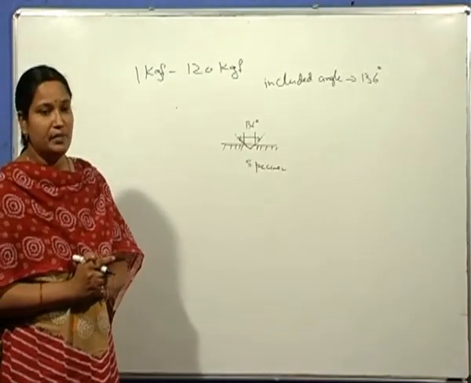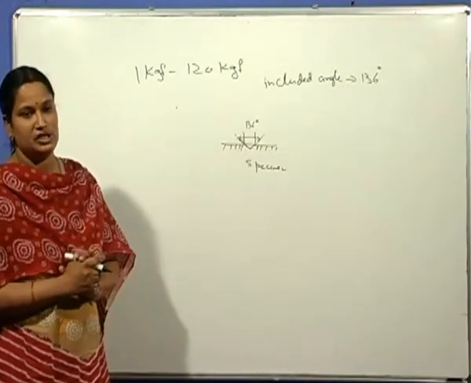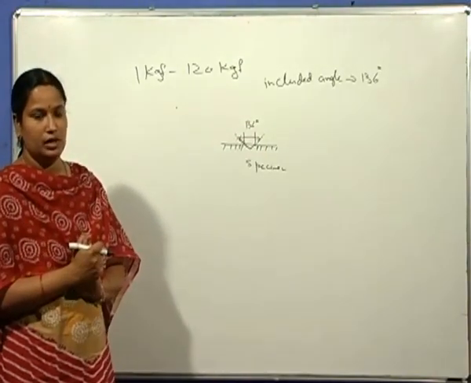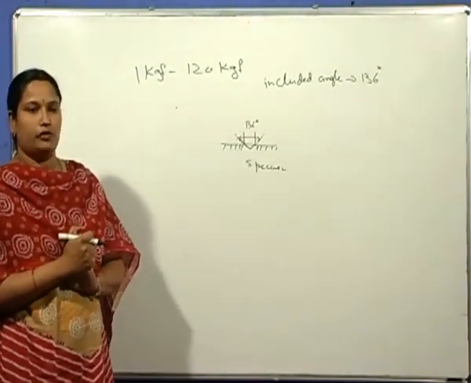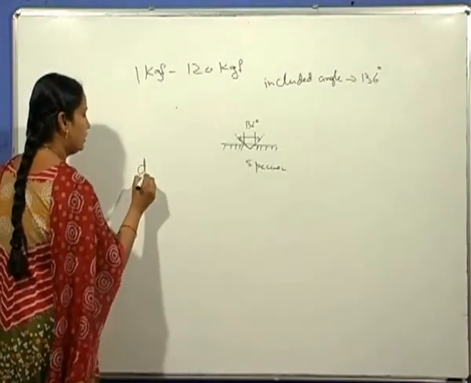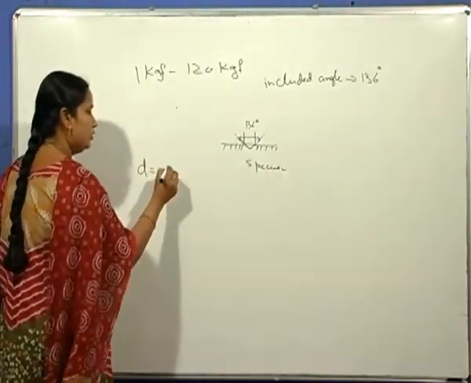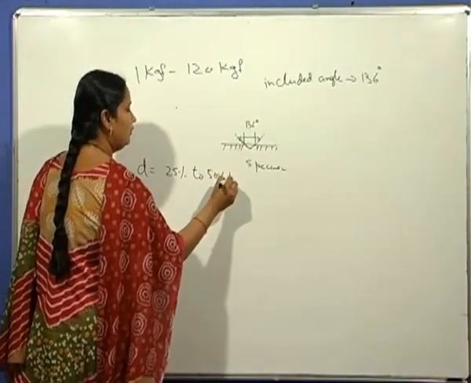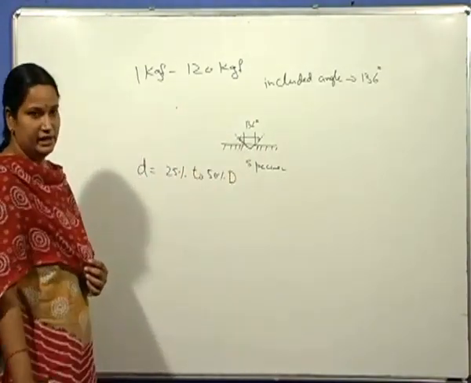In order to minimize this variation, the diameter of the indentation should be about 25% to 50% of the diameter of the indenter.